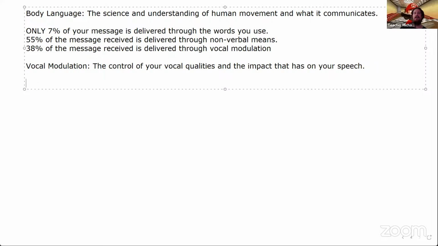Okay, so as well as vocal modulation, we've also got posture.